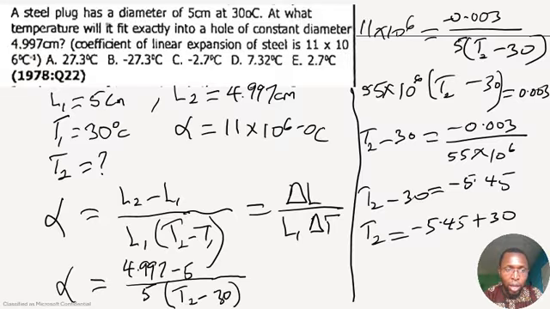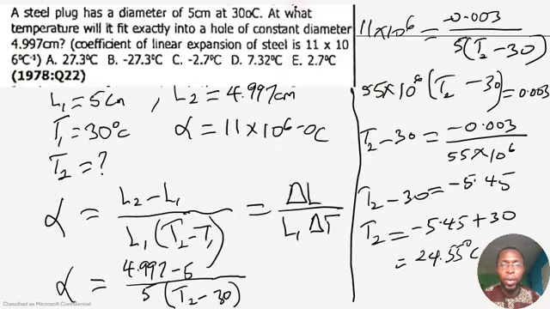So 30 minus 5.45 will give us 24.55. We have it here as a final answer: 24.55 degrees Celsius.